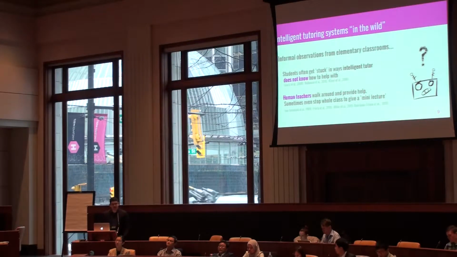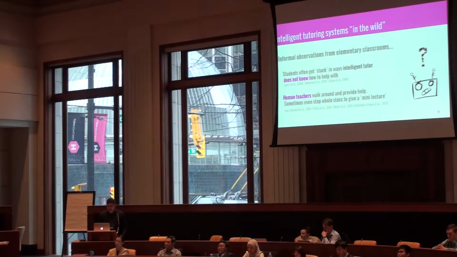So in these cases, we've observed that the teacher in the classroom often provides students with help. The teacher walks around the room and observes their students, and if teachers notice that many students are making similar errors, they sometimes actually stop the whole class on the spot to give a targeted lecture on that topic.